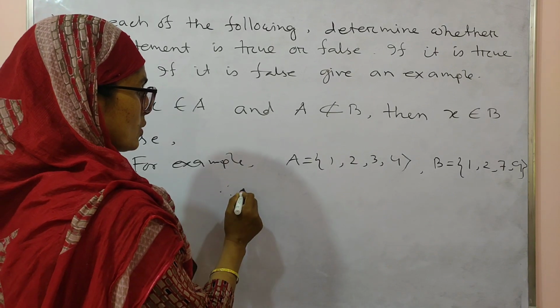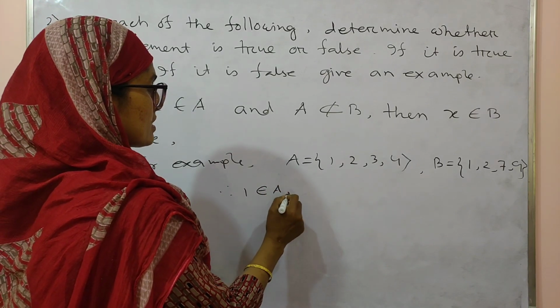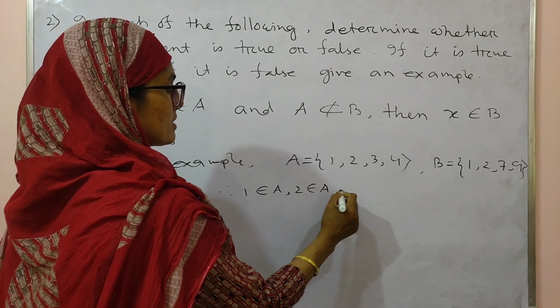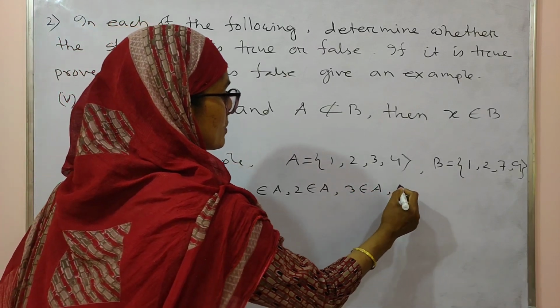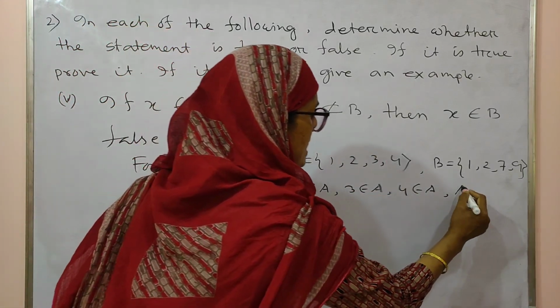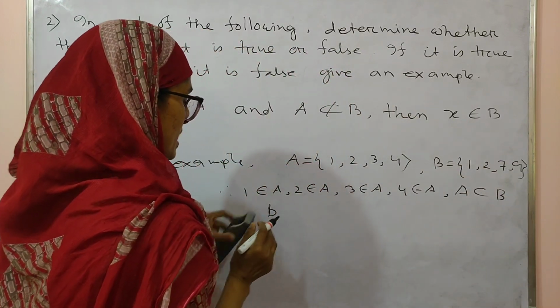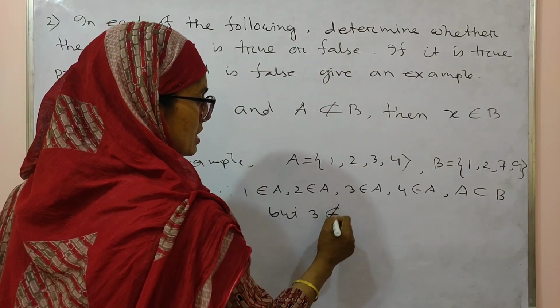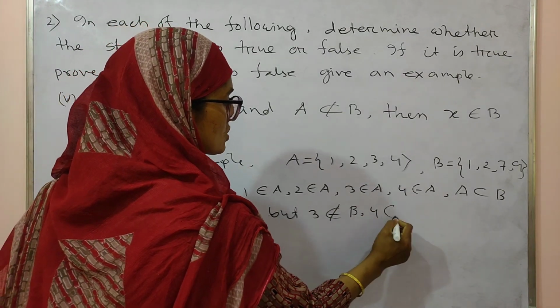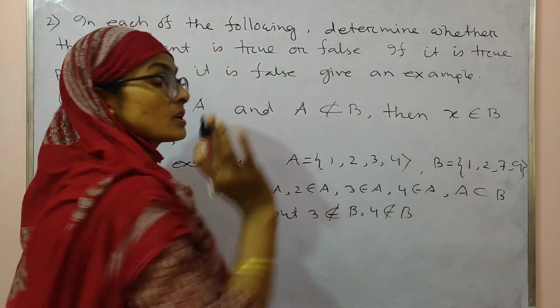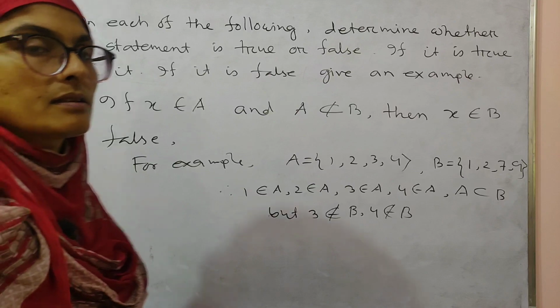Therefore 1, 2, 3, 4 belong to A, but 3 does not belong to B and 4 does not belong to B. So this one is false. You can write.